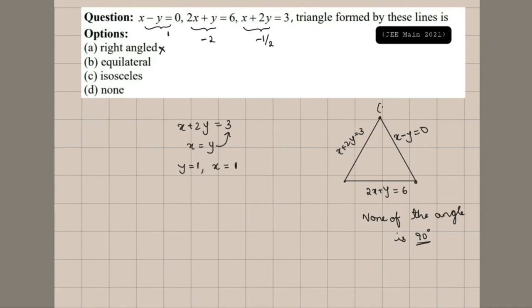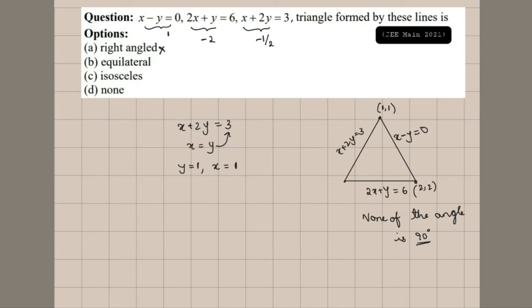So this point is (1, 1). Similarly, if you find the intersection of x equals y and 2x plus y equals 6, substitute x equal to y, which gives 3y equal to 6. So y equals 2. If y equals 2, x is also 2. So (2, 2) is this point.